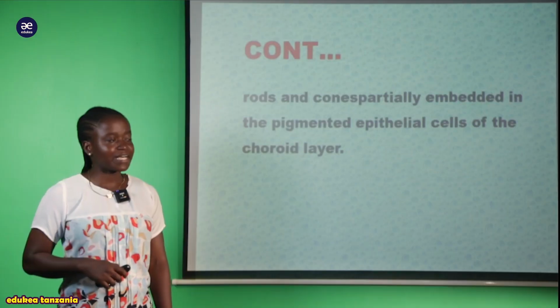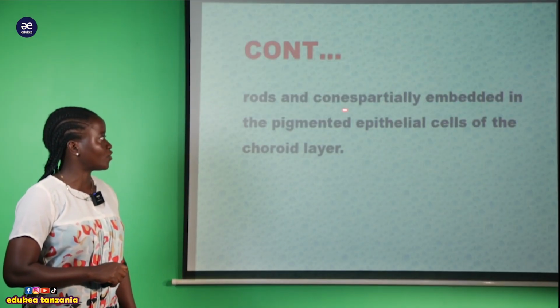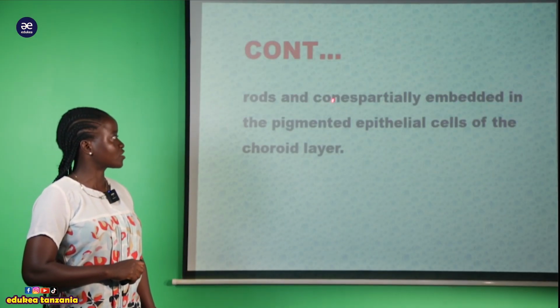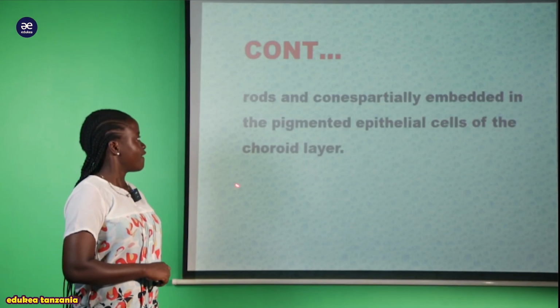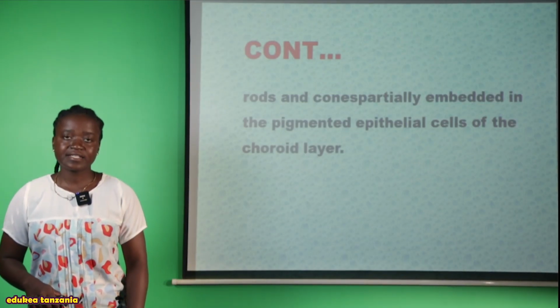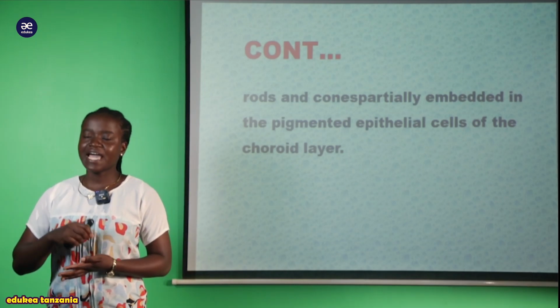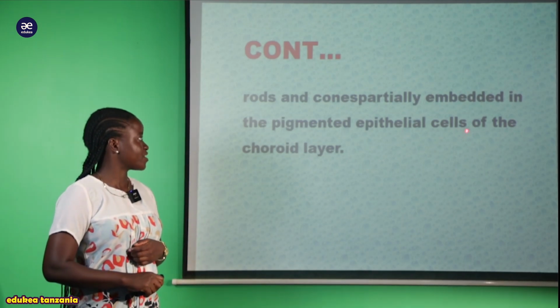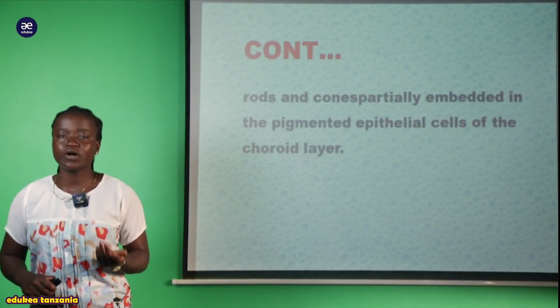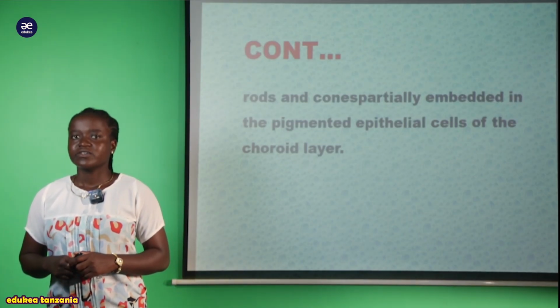And also we can say that the rods and cones are embedded in the pigment epithelial cells of the choroid layer. Hizi zimejiattach or they are embedded in the epithelial cells of the choroid layer.